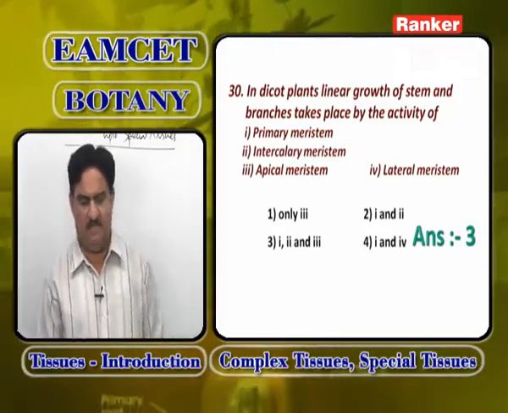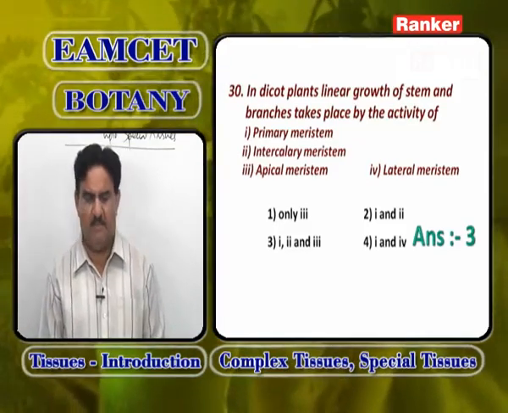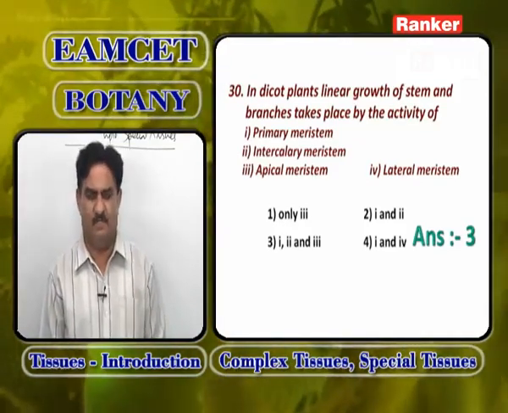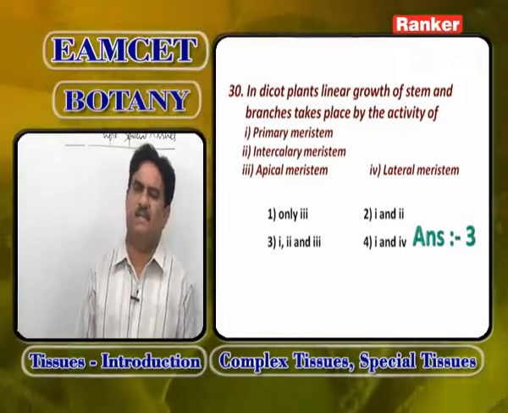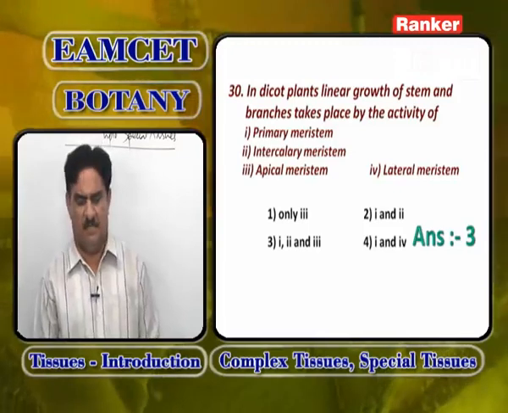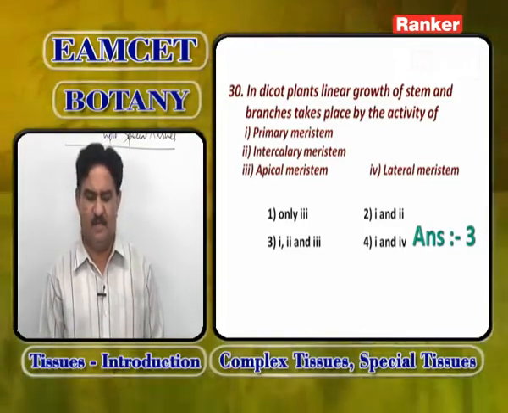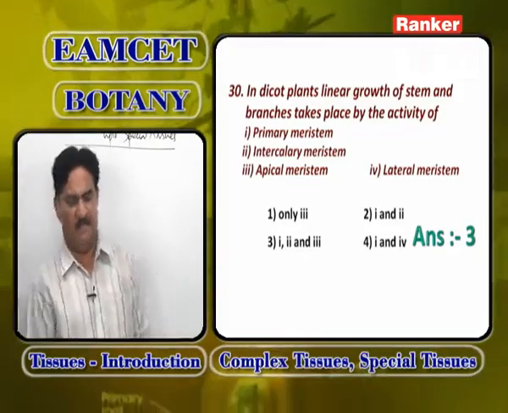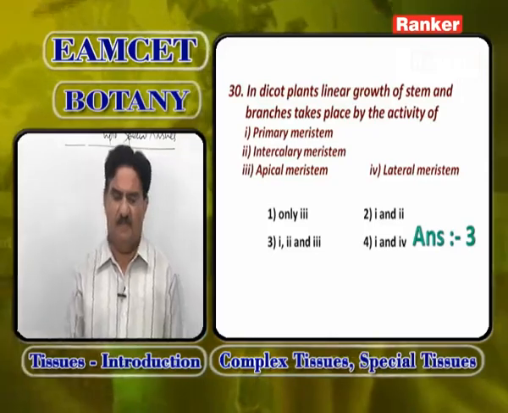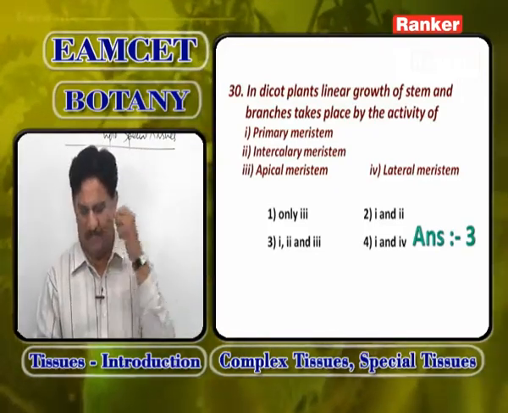Linear growth is also done by primary meristems, which help in the primary growth of the plant. So linear growth of stem, leaf and branches takes place by the activity of primary meristem, intercalary meristem and apical meristem.